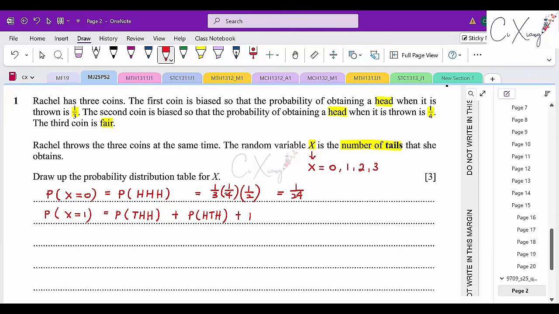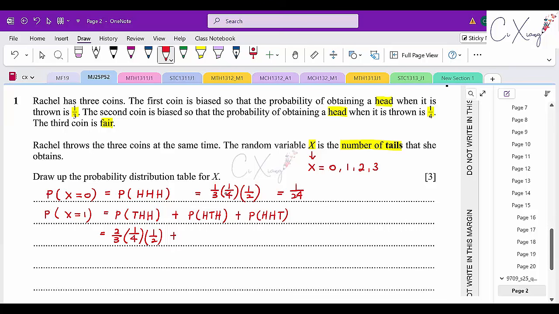And also the first 2 coins are heads, then the third coin is a tail. All these cases show us that we have 1 tail when we throw the 3 coins. Okay, so the first coin obtaining a tail is 2/3. The second one being a head is 1/4. The third one is a half.